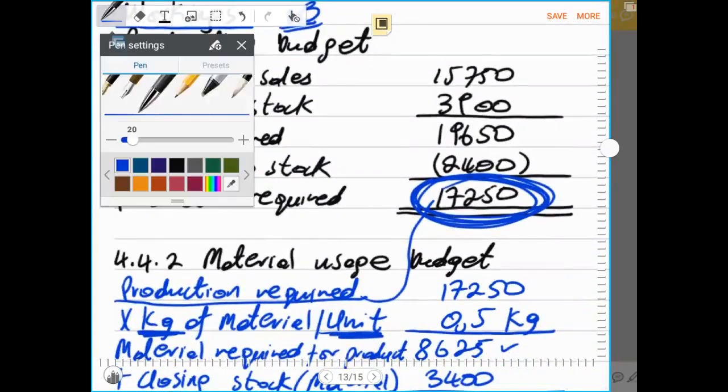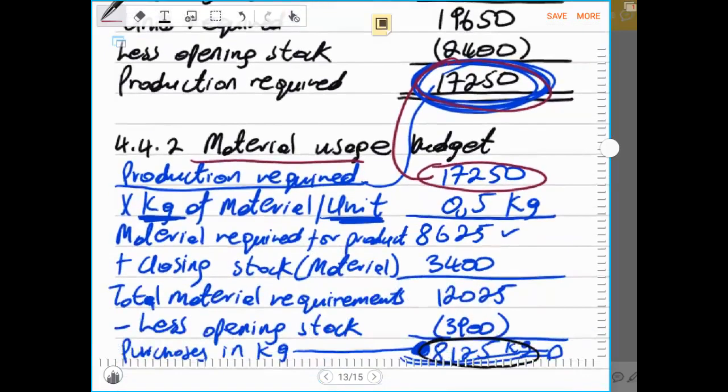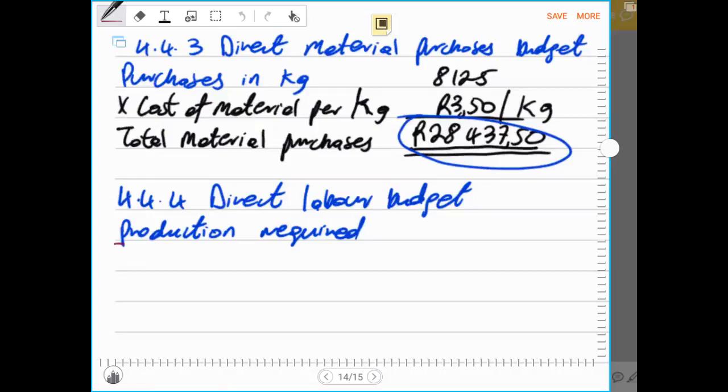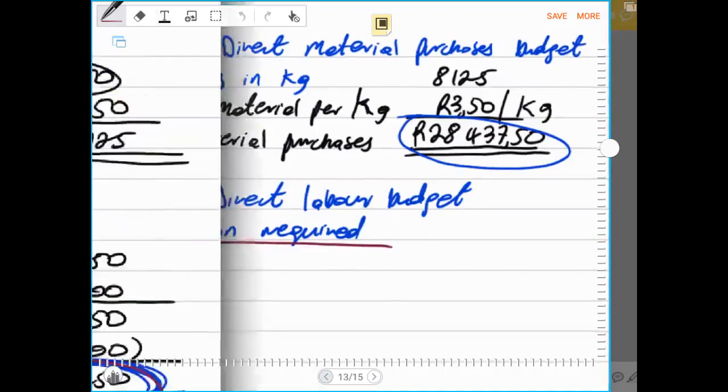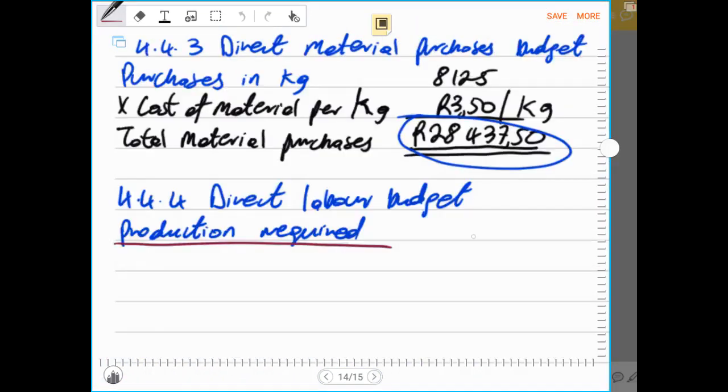We calculated here the production requirement, which was 17,250, and we used that to calculate our material usage budget. Now we are doing the labor budget, and again we start with the production required, which comes from the production budget, the 17,250.